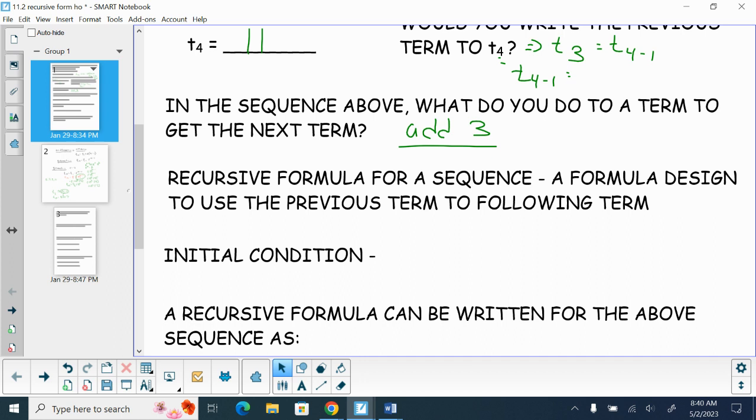We design a formula to use the previous term to determine the following term.